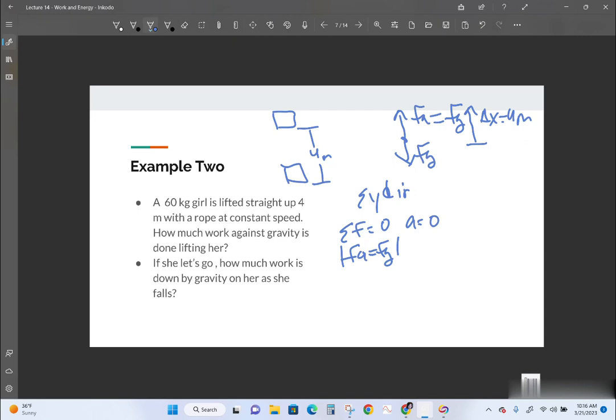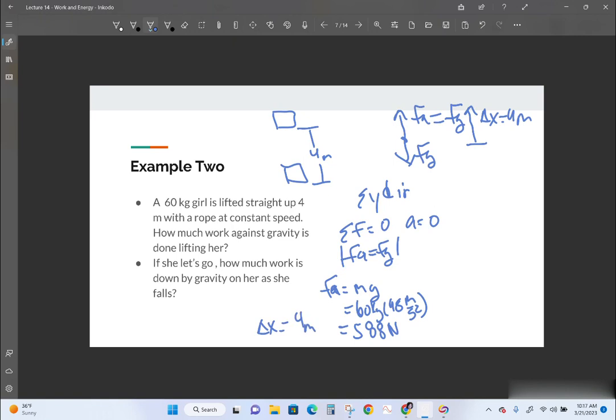And so the weight of this girl is just mg, or 60 kilograms times 9.8 meters per second squared, which is 588 newtons. So that's our force that we're applying. And then, of course, delta x is 4 meters.